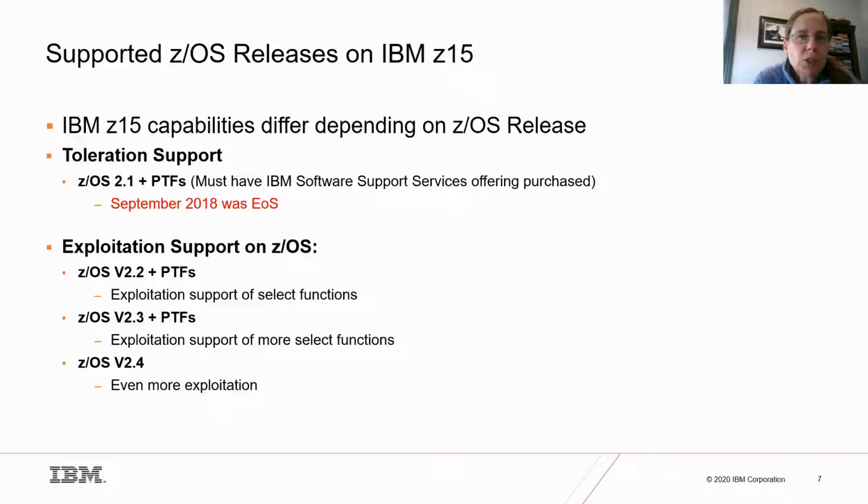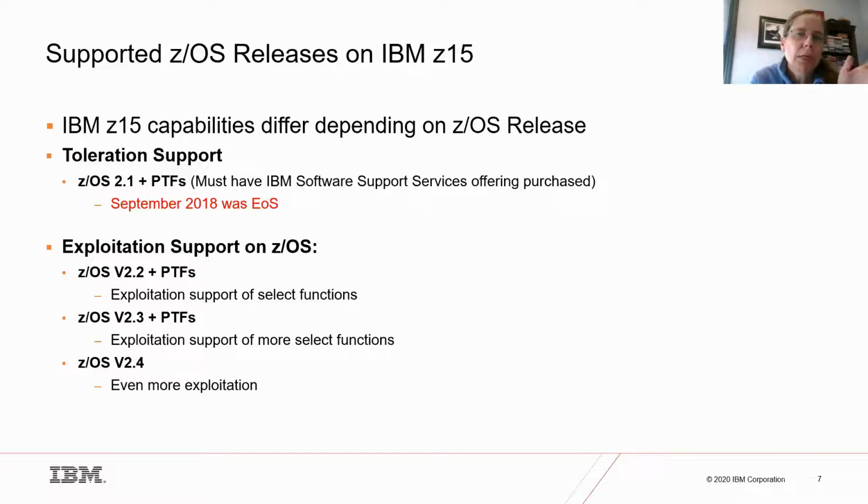Now for exploitation support, what you'll see aligned on the z15 and the z/OS system, you'll have some exploitation support on z/OS 2.2, but it's just for some selected function. It's not the full gamut of exploitation that you'll see. 2.3 has a lot more of the exploitation support that we have for the z15, and then 2.4 is the whole thing.